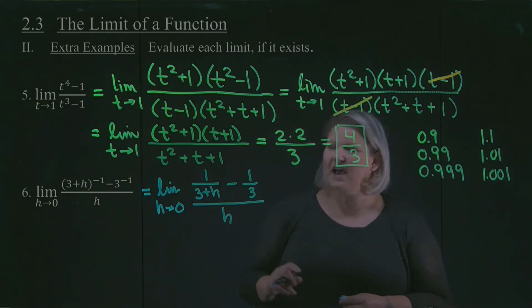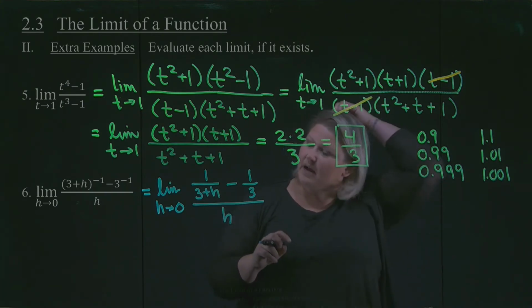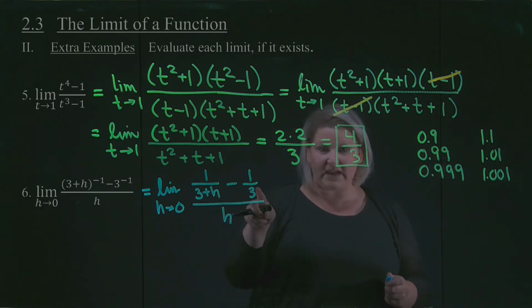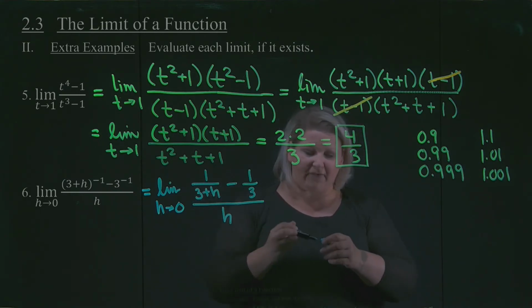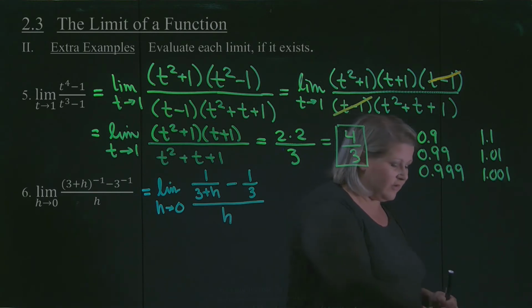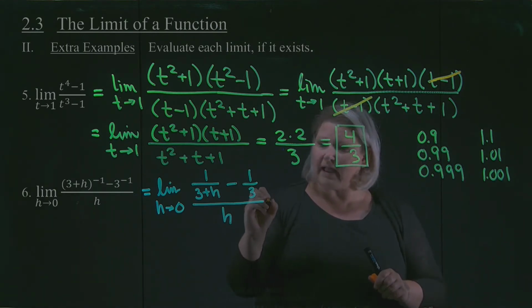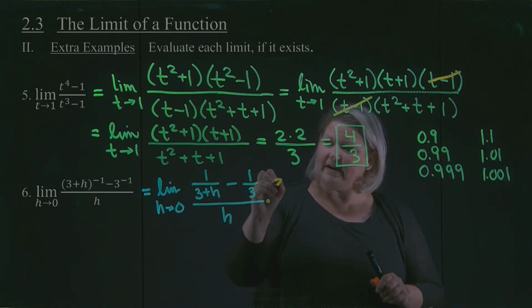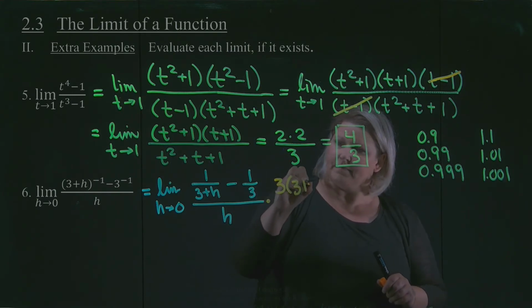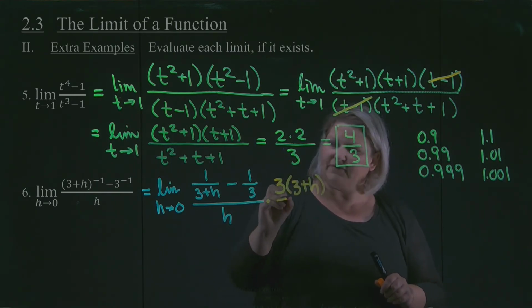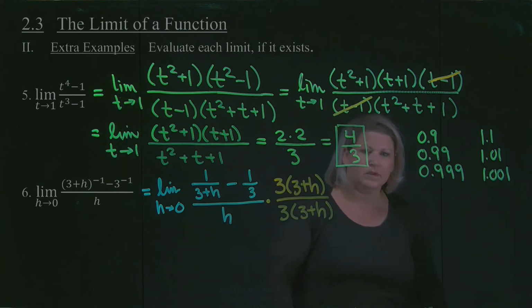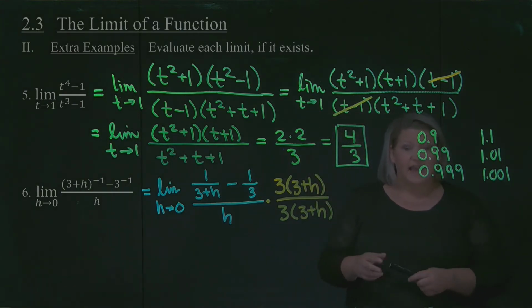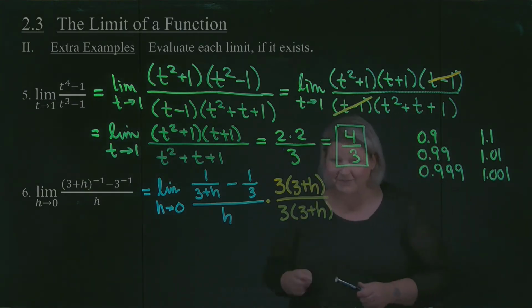Next, here in the numerator, I've got an LCD of 3 and 3 plus h. So I can build up the fraction, or what I can do is multiply the top and the bottom of this fraction, and I mean the whole fraction, by the LCD of the top. Watch what happens.